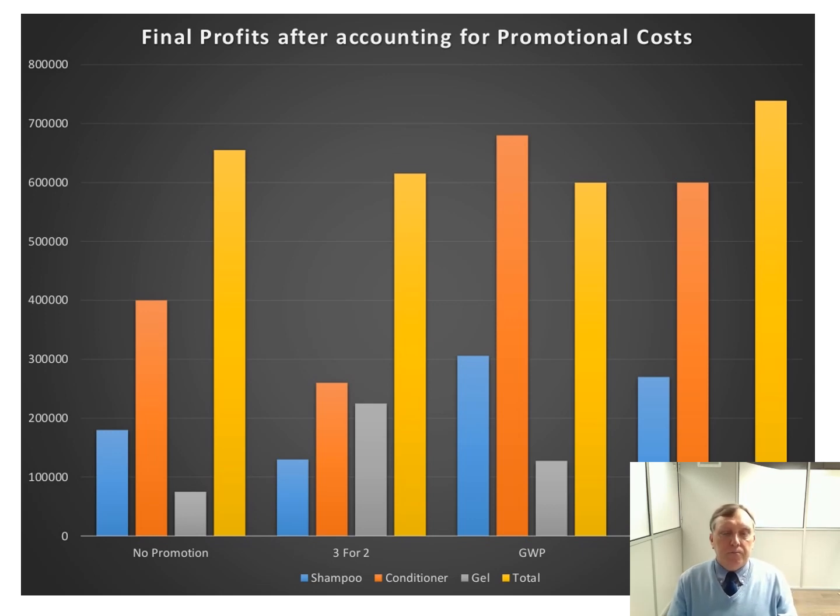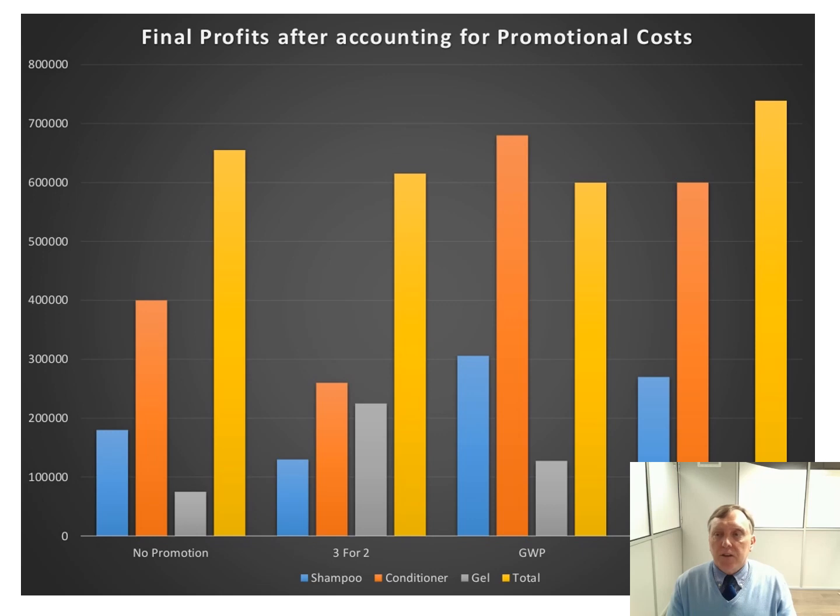But others haven't increased as much. The shampoo and the gel haven't increased much, and the total profit on that means that it's actually less than we had before. So the total profit now going down to 600,000, so 50,000 less.